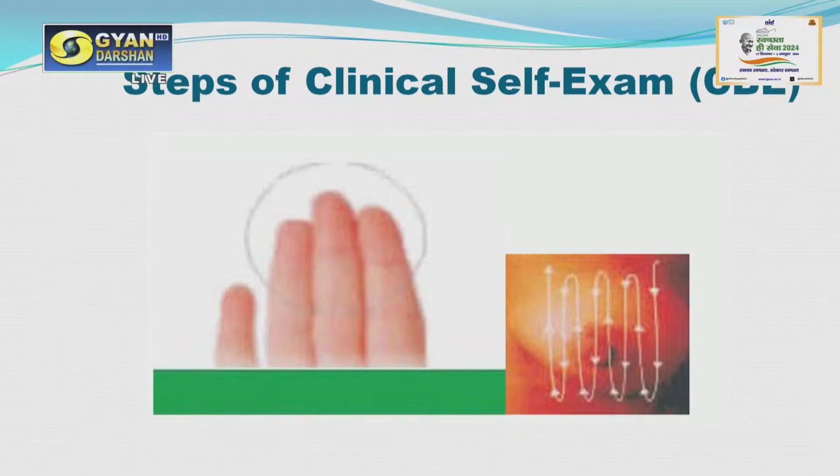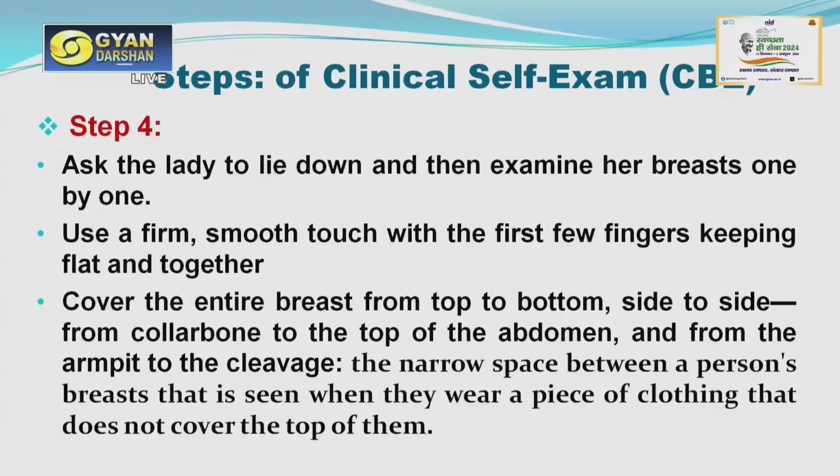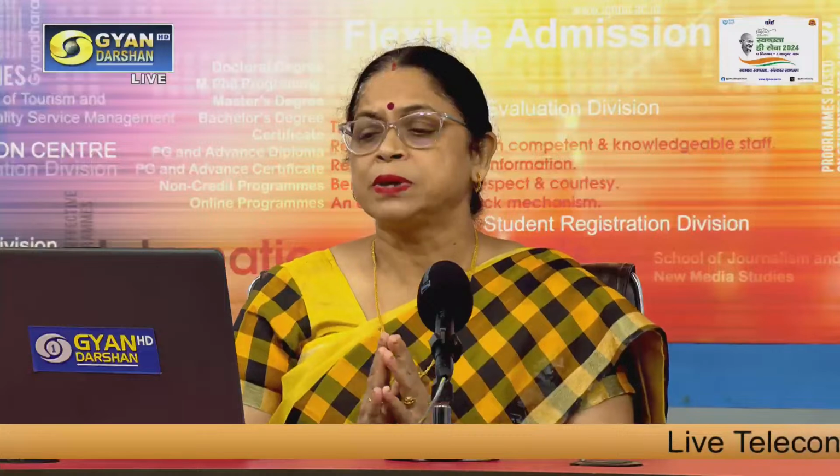You can start from the axillary side of one breast, and each and every area has to be palpated using these fingers, and you cover the entire breast from top to bottom, side to side. That means you will not miss any parts, from the collarbone to the top of the abdomen, and from the armpit to the cleavage.